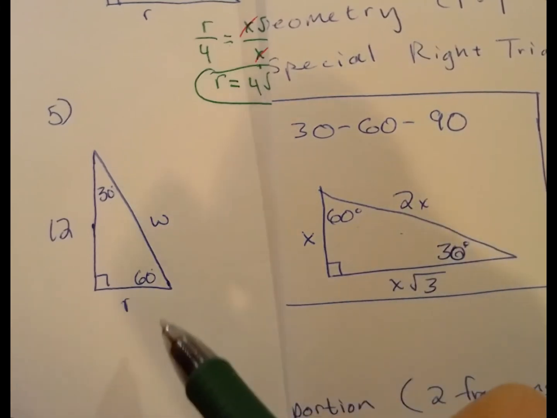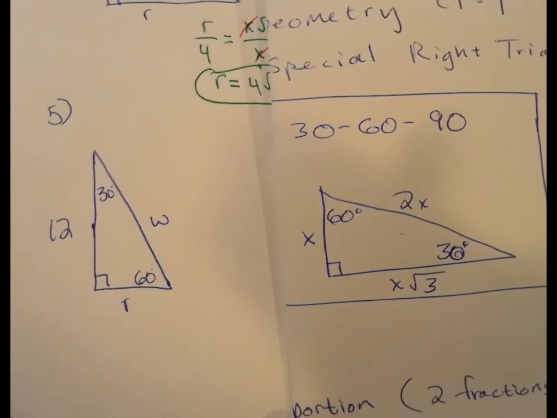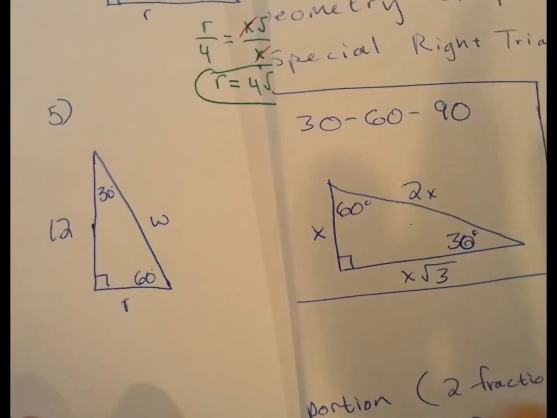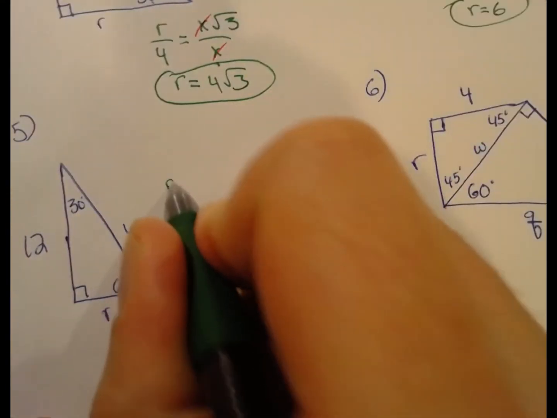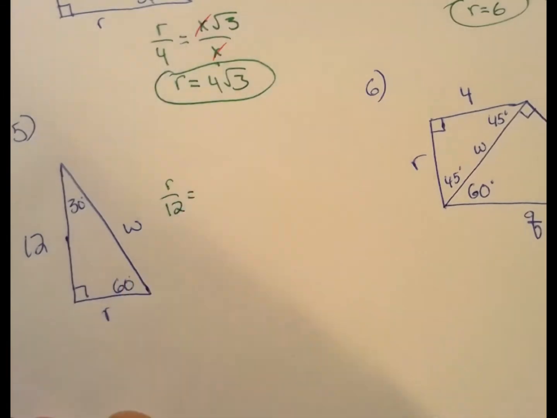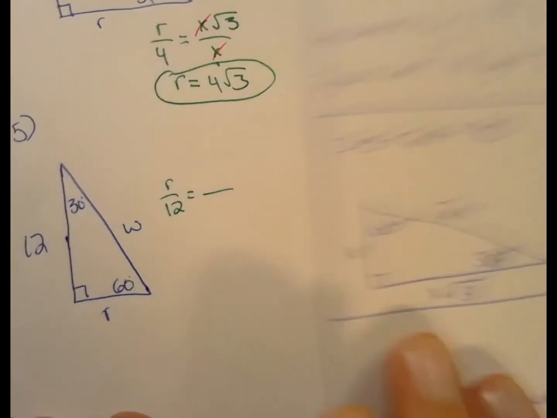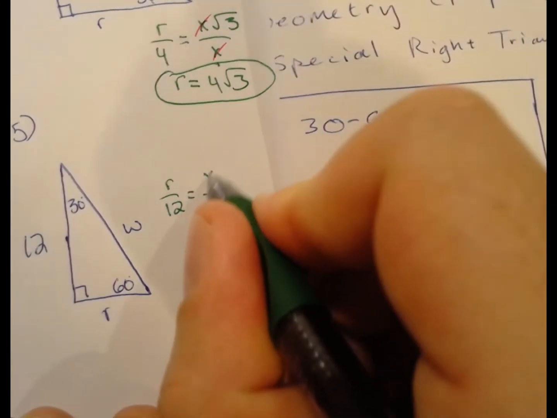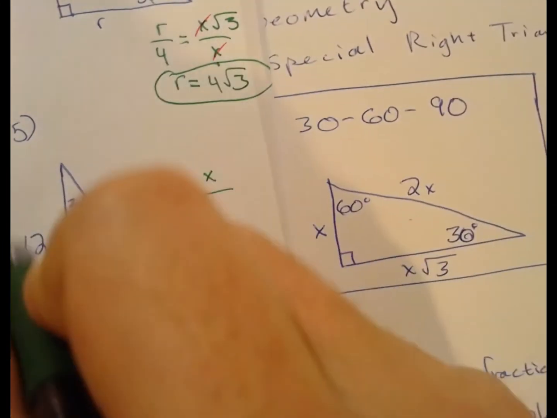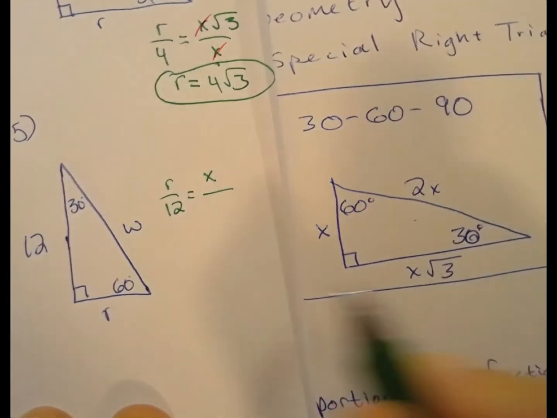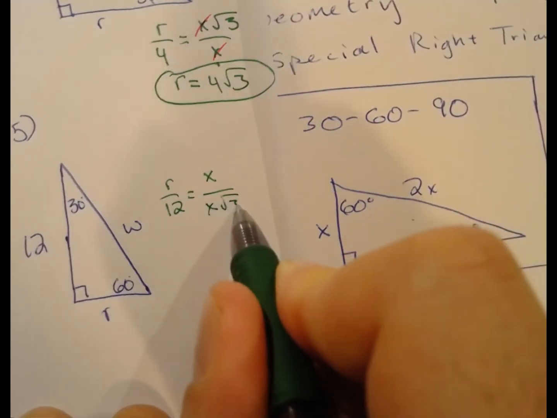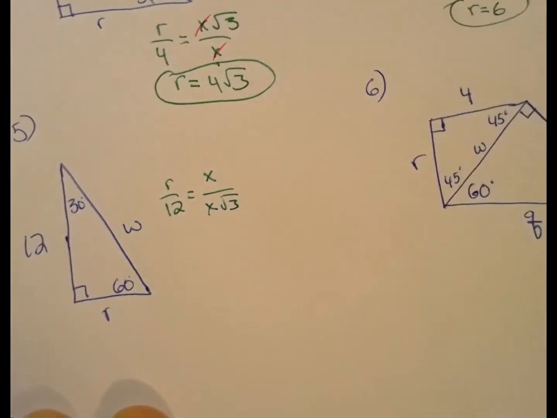So I could solve for w here first if I wanted to, but solving for r first is easier. So known side and a variable corresponding from the theorem: between 60 and 90 is the x. Between 30 and 90, matching up with the 12, is the x root 3.